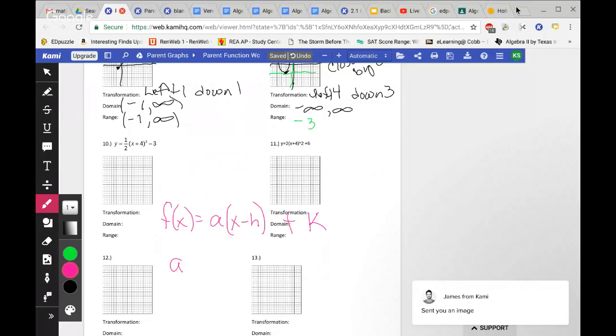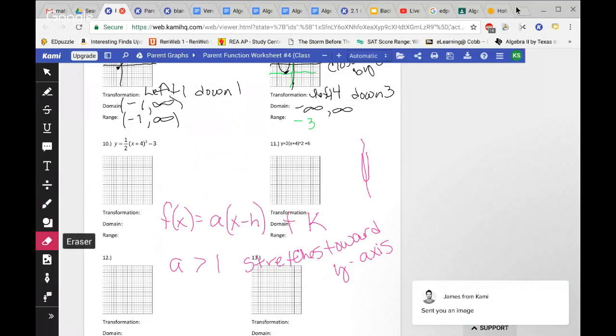When a is greater than 1, it stretches toward the y-axis. So it would get skinnier. Okay, if you will. Terrible drawing. Oops, didn't mean to erase that part.